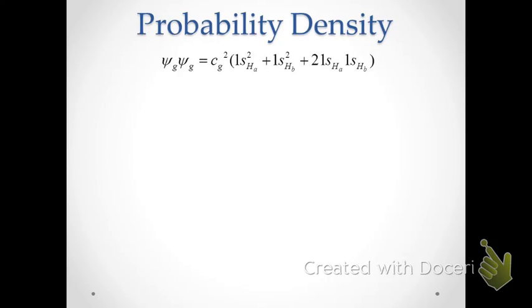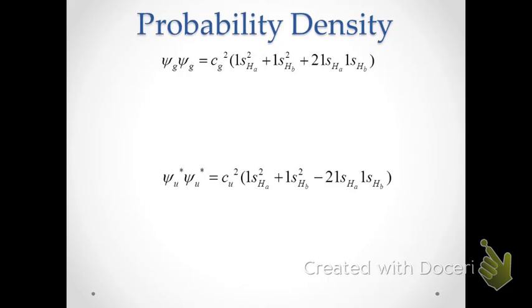Now we're going to look at the probability density associated with these molecular orbitals, and we'll get a better understanding as to why we refer to one orbital as a bonding orbital and the other as an antibonding orbital. Here we have the probability density of the gerade orbital, and when we multiply it out, simple multiplication, this is what we get: 1sA squared plus 1sB squared plus 2 1sA 1sB.